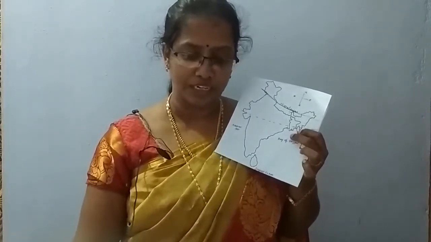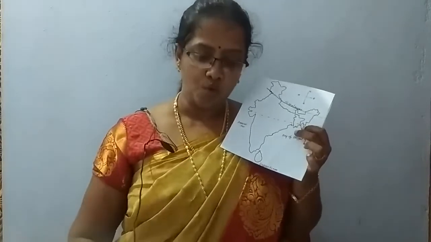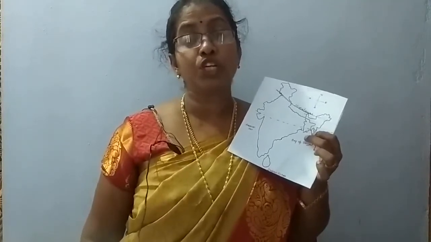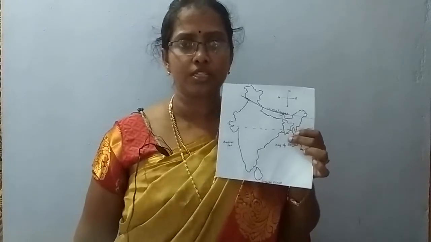Easterly jet streams are responsible for the formation of tropical depressions, both during the southwest monsoon and the northeast monsoon. In your book, the northeast monsoon is otherwise called the retreating monsoon. Here they did not give the other name, so you can mention in your book retreating monsoon for the northeast monsoon.